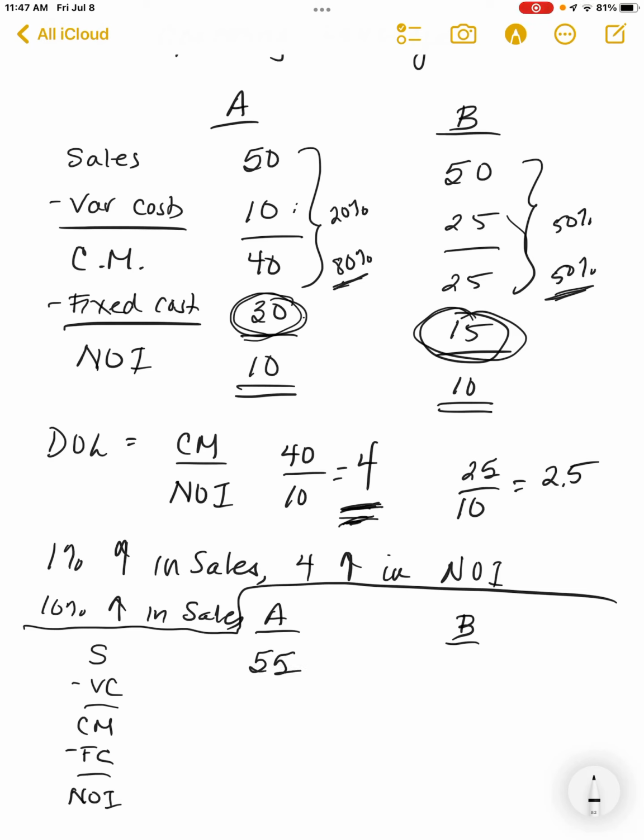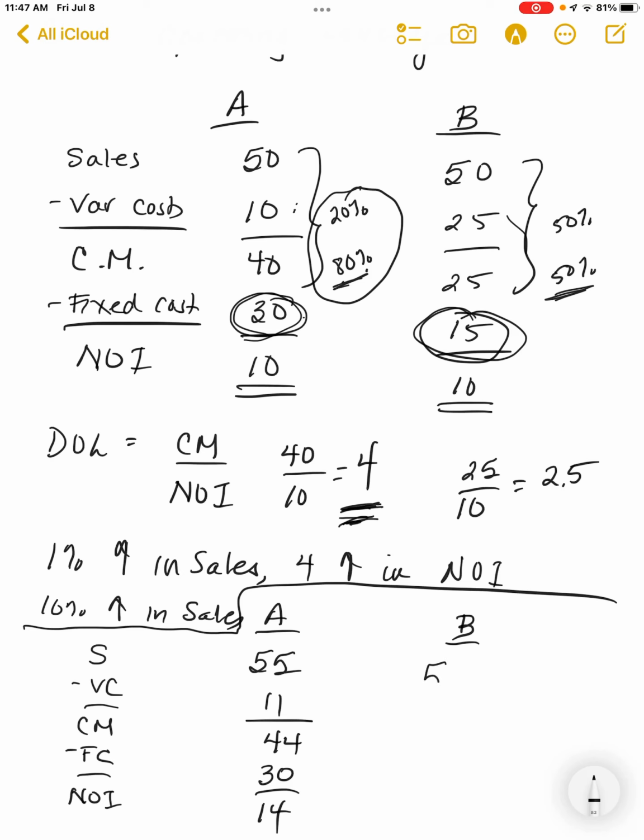I don't really need to do all the math. Contribution margin, these ratios don't change unless I tell you that they do. So if I take 80% of the 55, that gives me my contribution margin. So 80% times 55 is 44. So I know that this is 11. Remember, my fixed costs don't change. They're fixed. And so my net operating income becomes 14.